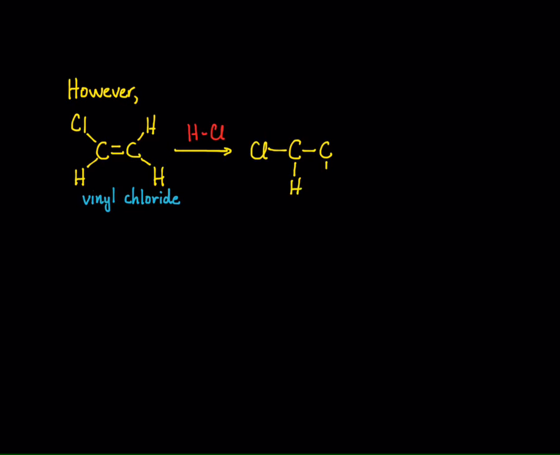However, let's look at a different situation in which a halogen is connected to the alkene carbon. So this is called vinyl chloride because the chlorine is connected to a vinyl carbon. Now, when I react vinyl chloride with HCl, I could get one of two products. I could get the hydrogen adding to the carbon on the right and the chlorine adding to the carbon on the left, or vice versa.